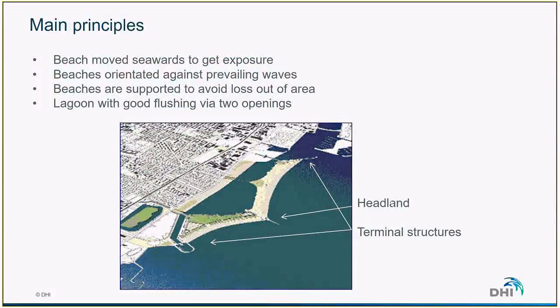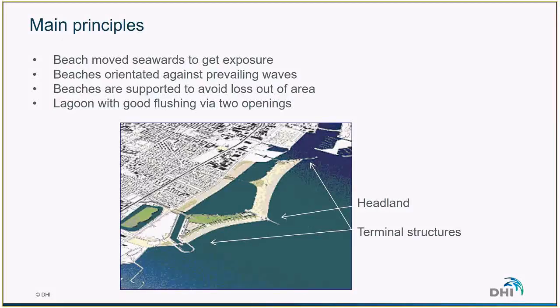So if we think about the main principles that we've detailed before and how we're going to apply them in this specific case, the beach is moved seawards to get more exposure from the waves and therefore increase the flushing of the fine sediments.